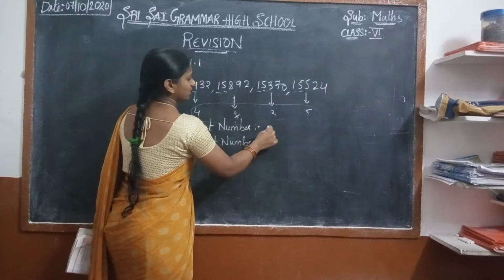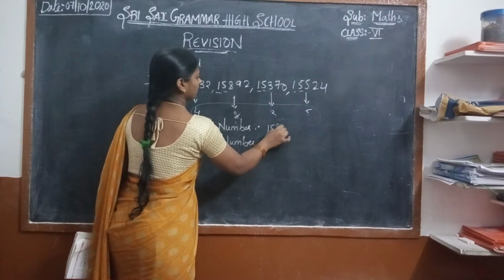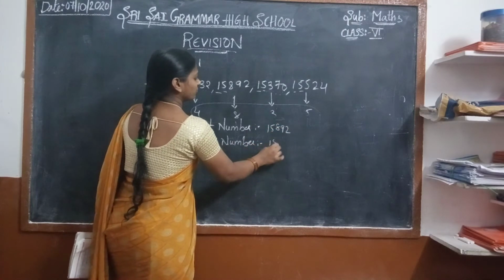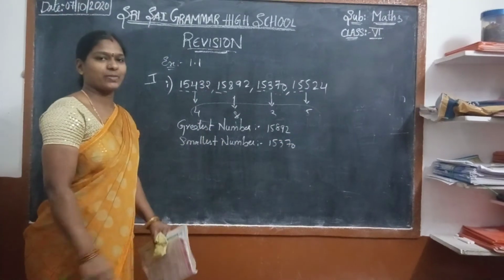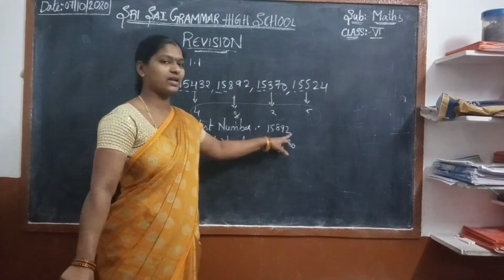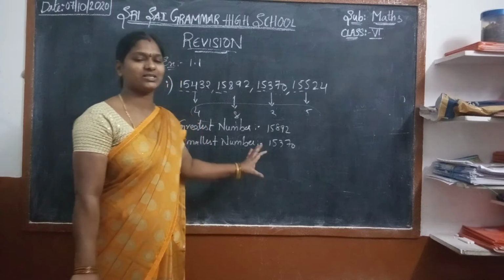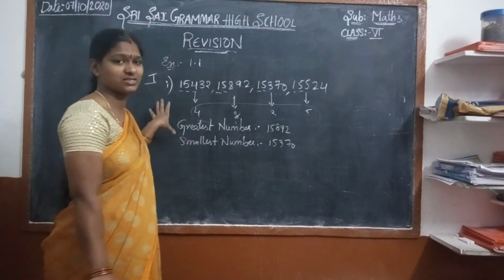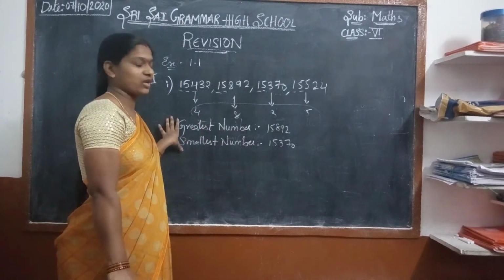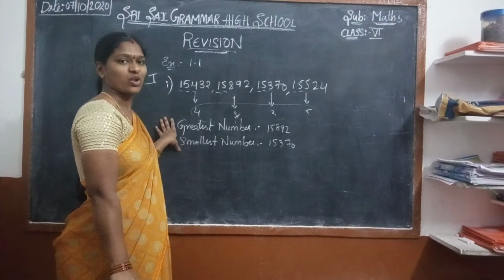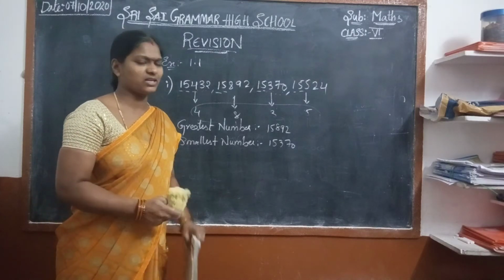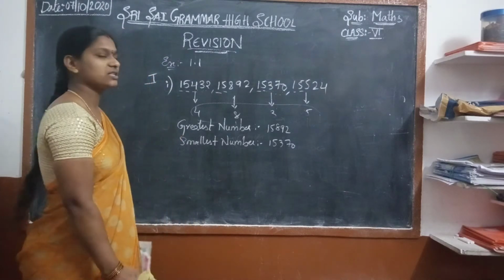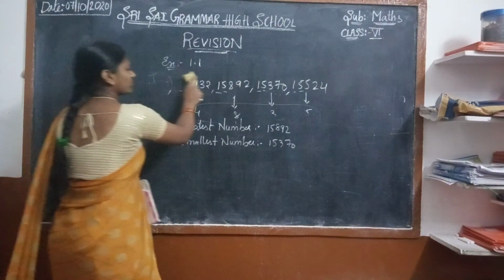Which is the greatest? 15892, and 15370 is the smallest number. You have to mention it like this. In the exam paper also you have to mention it like this only. Okay, this is about the first bit, which is the greatest number. Let us move to the next problem.